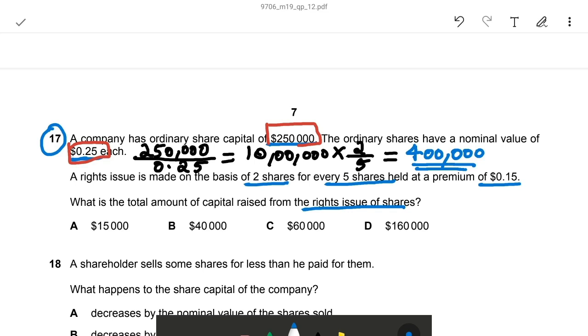So here is the total amount of capital. What is the amount of capital? The rights issue is 400,000 shares. What is the price?